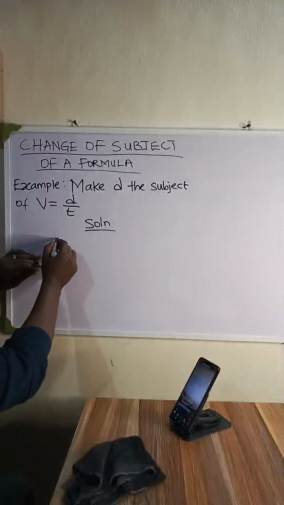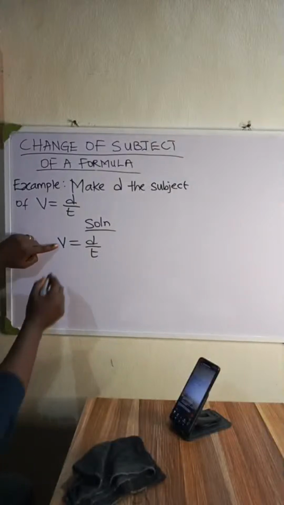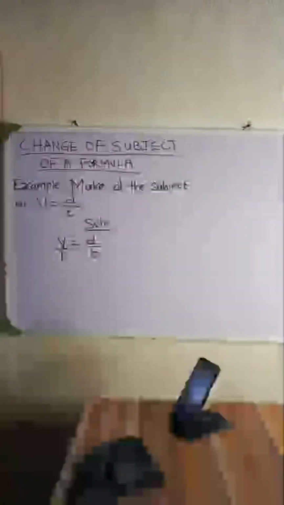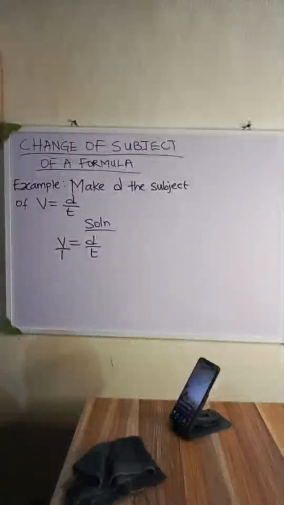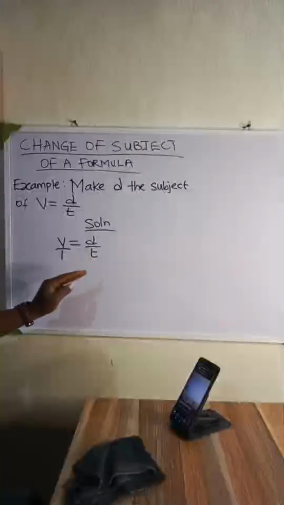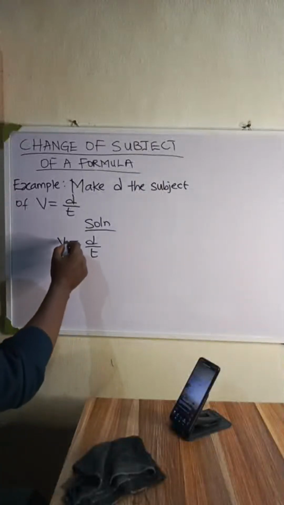So if we have V is equal to D all over T, this V is the same thing as V all over 1, right? So V is equal to D over T, the same thing as V all over 1 is equal to D all over T. It's the same thing. And then the next thing we're going to do is cross multiply.